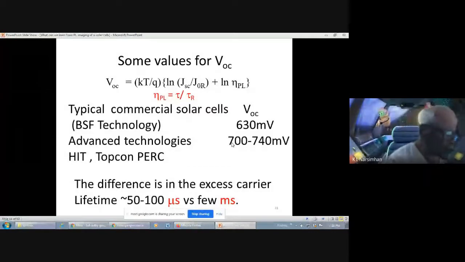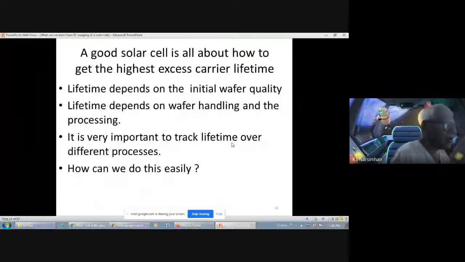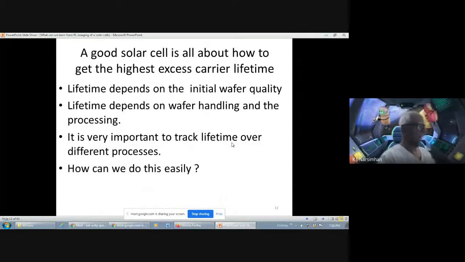So it's very important for us to continuously look at the material quality, to continuously look at tau and ask, what is the value of tau and how can I improve it? Am I doing anything to degrade it? And this is what the purpose of this talk actually is. A good solar cell is all about how to get and keep the highest excess carrier lifetime tau.